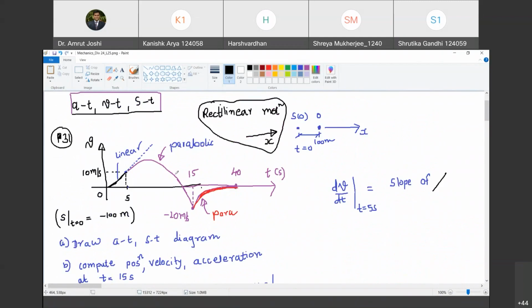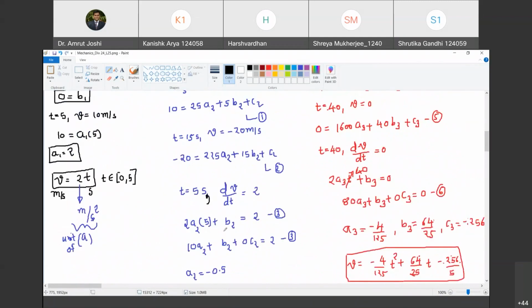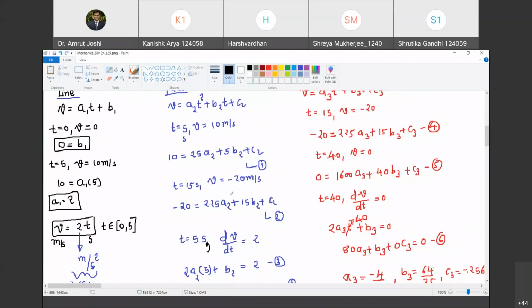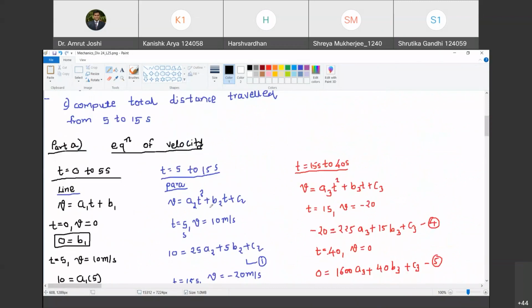Yes, sir. Okay. Now, can you find out dv by dt? Answer is yes. This is the expression for v. So what will be dv by dt? It will be 2a2t plus b2. Do you agree with me? Yes, sir. Are you with me?